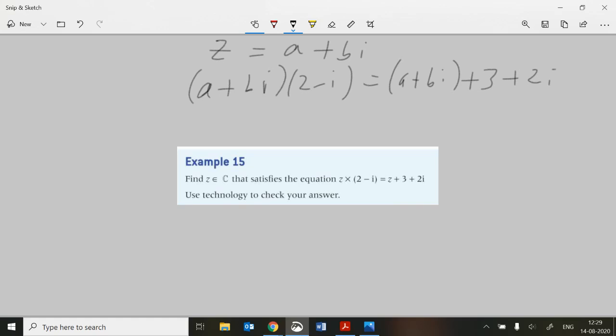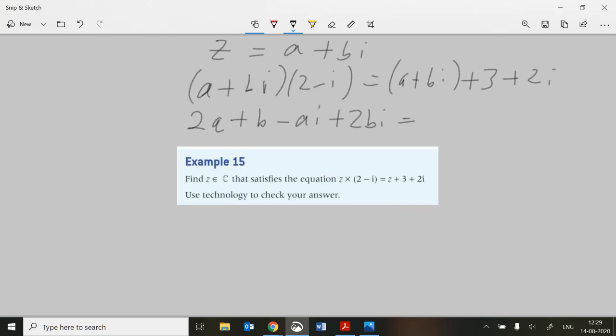Okay, so if we multiply out the first set of brackets, you can get 2a, and I'm going to deal with the real parts first. So we're getting minus b times i squared brings you back to plus b, and then we're getting 2a, no, sorry, not 2a, minus 2 minus ai, and then we're getting 2bi as well, so plus 2bi.